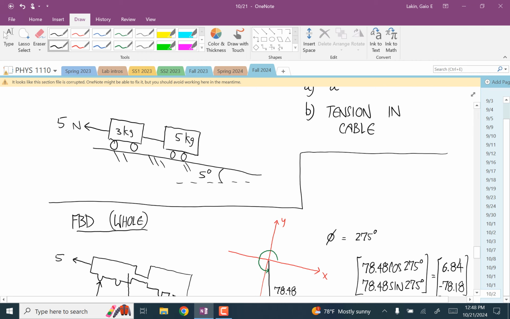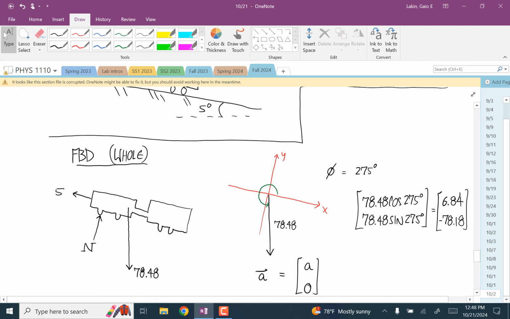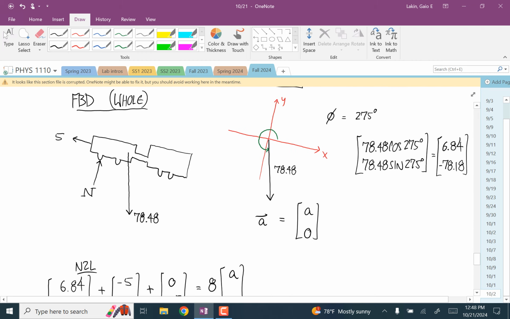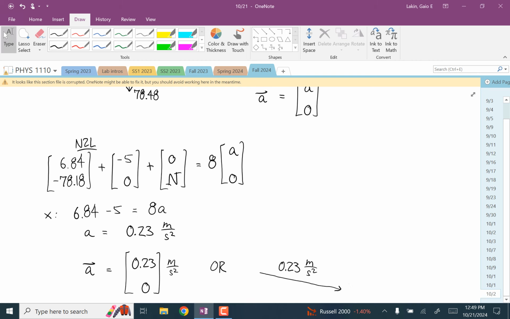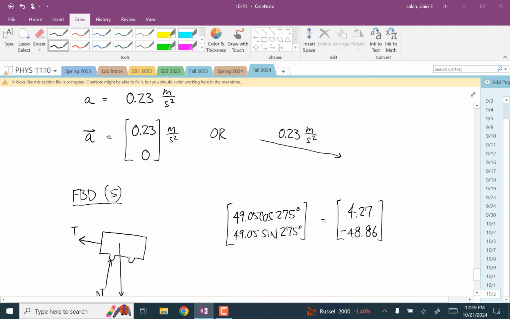Okay, but when I isolated everything together, we calculated that acceleration based on the fact that there was that 5 Newton force there. Once we calculated that acceleration and used that for part B, that 5 Newton force was already baked into our acceleration results. So that's why it doesn't need to know that a second time.